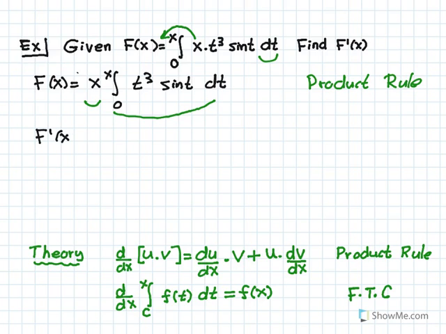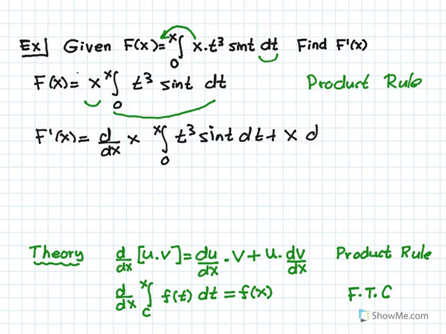F prime of x will be the derivative of x, d dx of x, times the integral from 0 to x of t cubed sine t dt, plus keep x the same and differentiate the integral expression, that's d dx of the integral from 0 to x of t cubed sine t dt.